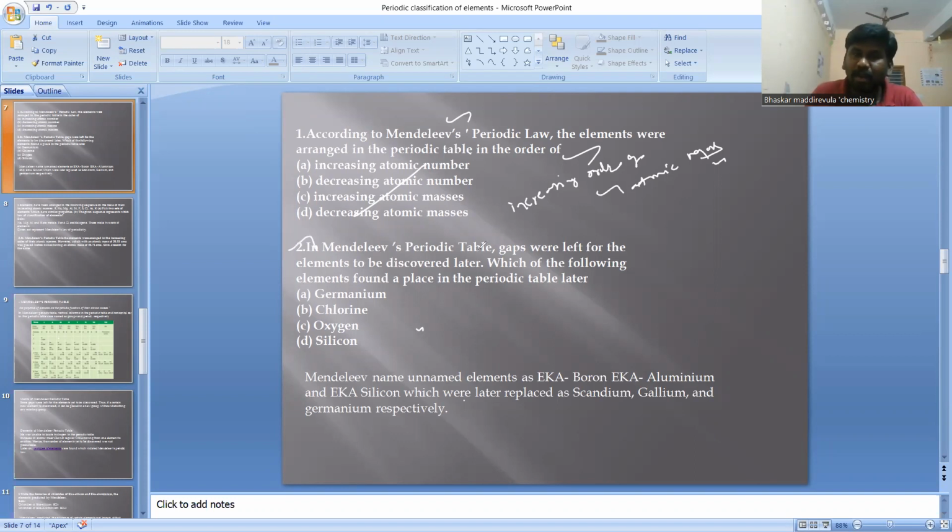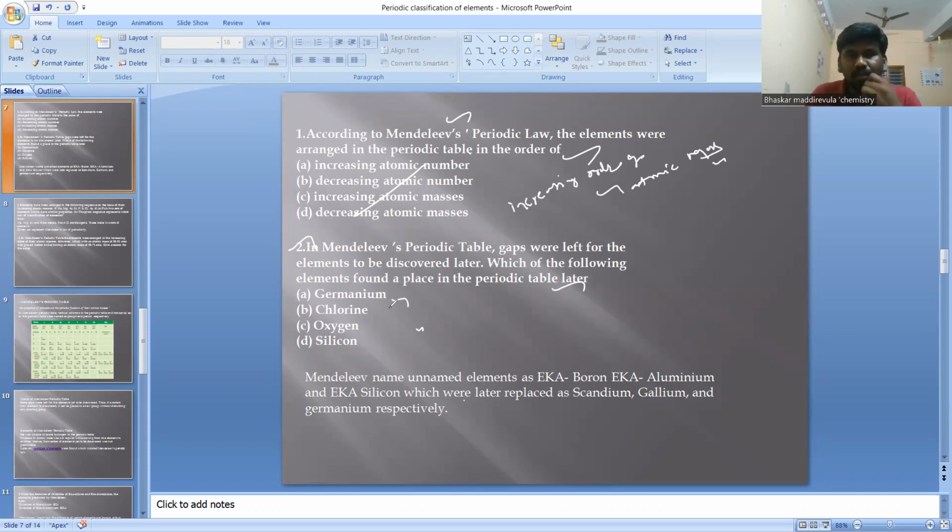In the Mendeleev periodic table, gaps were left for elements to be discovered later. Which of the following elements found a place in the periodic table later? Out of these elements, which element was found later? That is germanium.